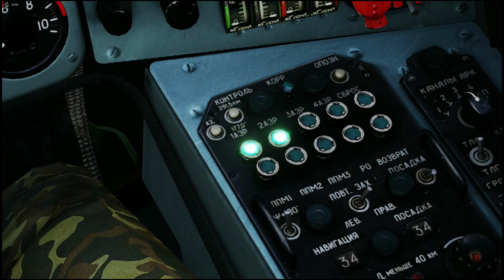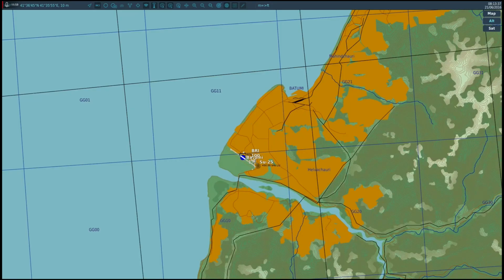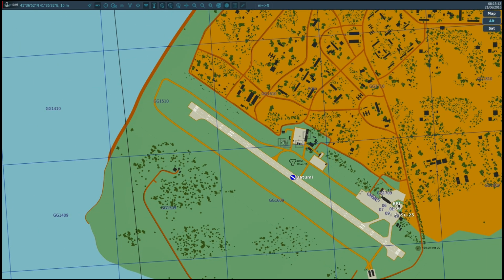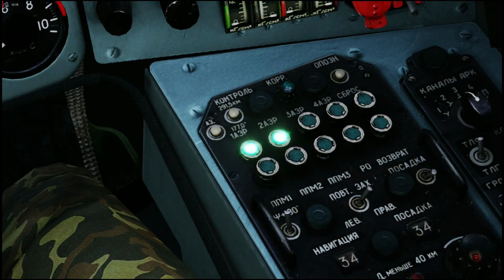The point the navigation system is guiding you to is, if I remember correctly, around here at the touchdown point on the runway. Sometimes it is the middle of the runway, sometimes it is at either end of the runway.